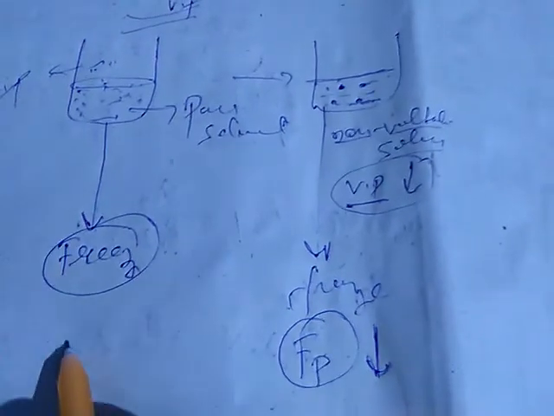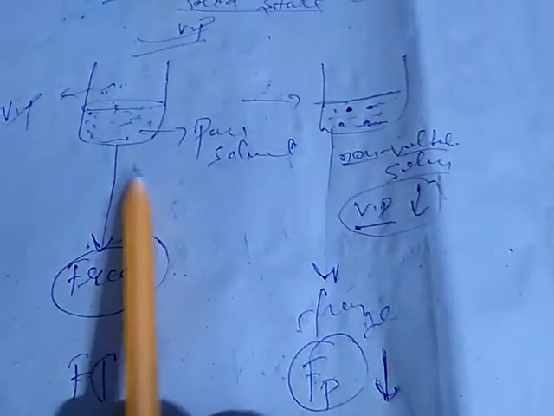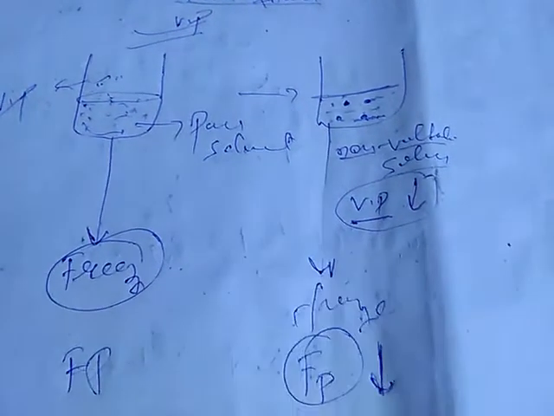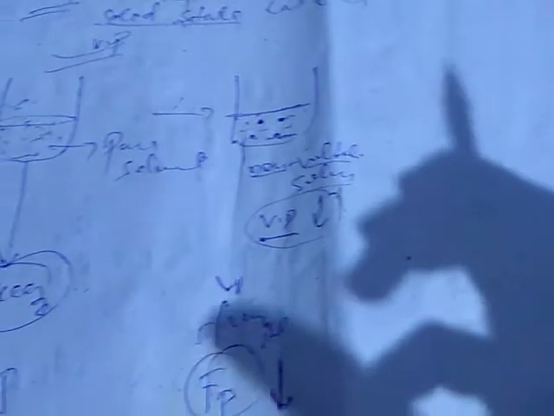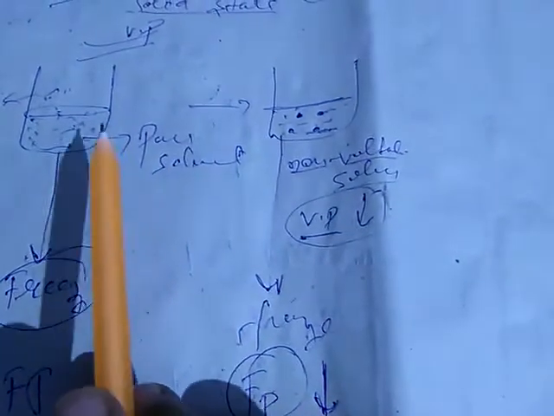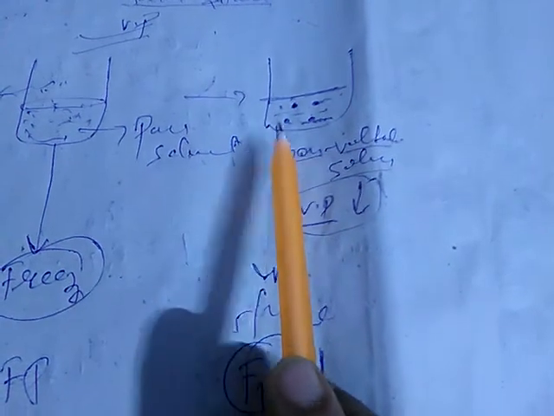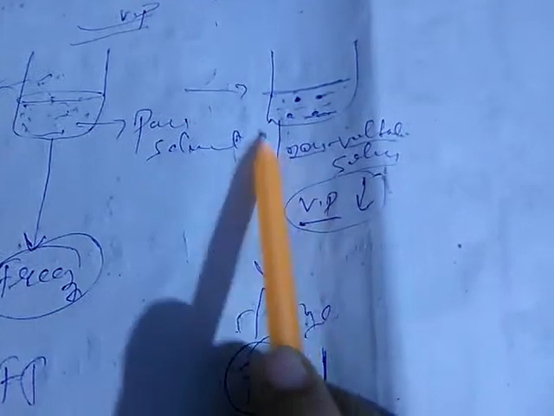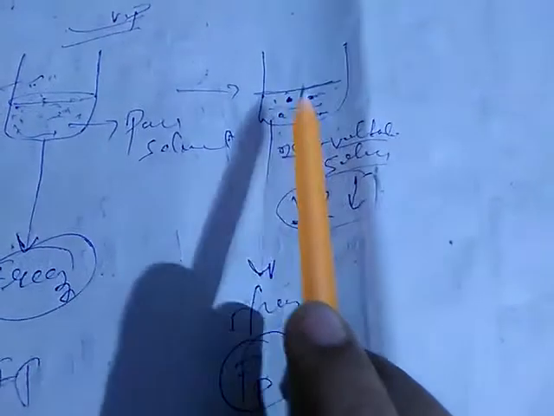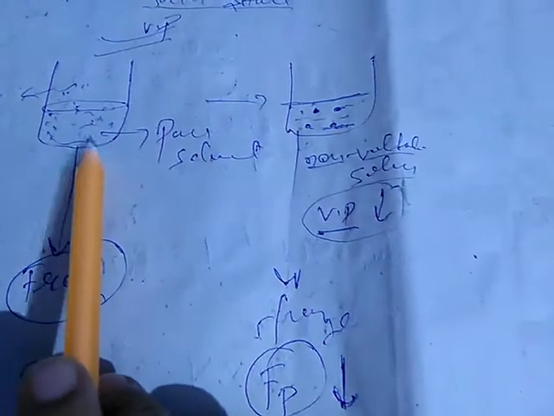So the freezing point will be decreased in comparison to the pure solvent. In simple manner, when some non-volatile solute is added to the pure solvent, there will be a decrease in vapor pressure, and due to this decrease, the freezing point of the solution will be less than the freezing point of the pure solvent.